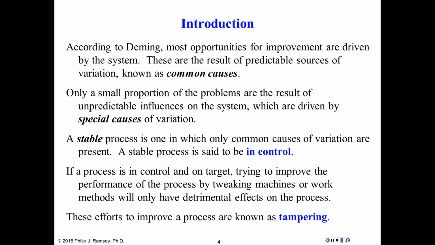For instance, the quincunx, I drop a lot of beads and I don't touch the funnel and the variation goes from 10 to 22. We call that stable. In other words, the total amount of variation is predictable.